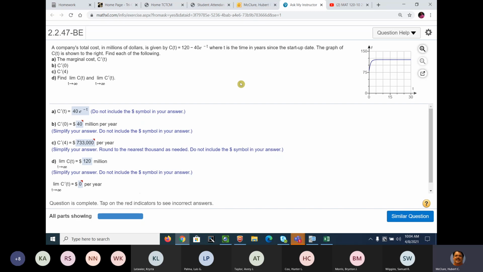D, find the limit as t approaches infinity with the regular function and the derivative, with f of x and f prime of x. I'm just writing f prime of x so I remember what the question's asking. I don't care about C of t and all that.